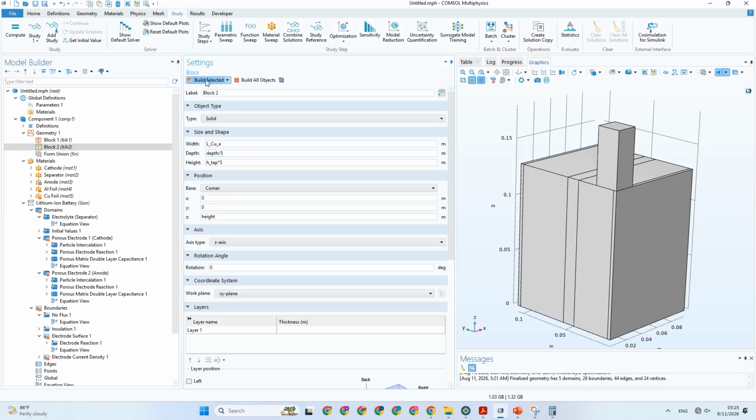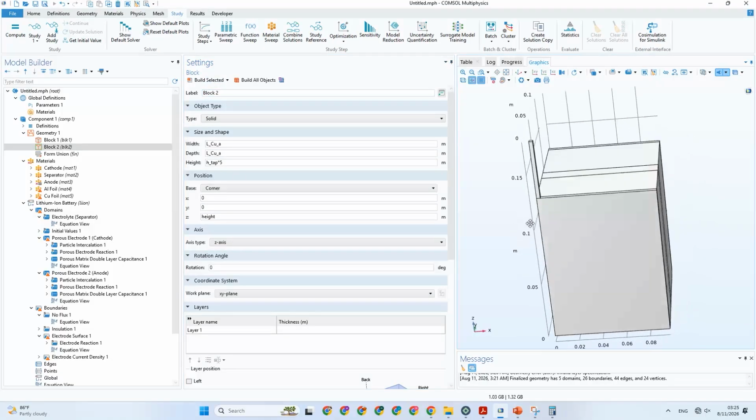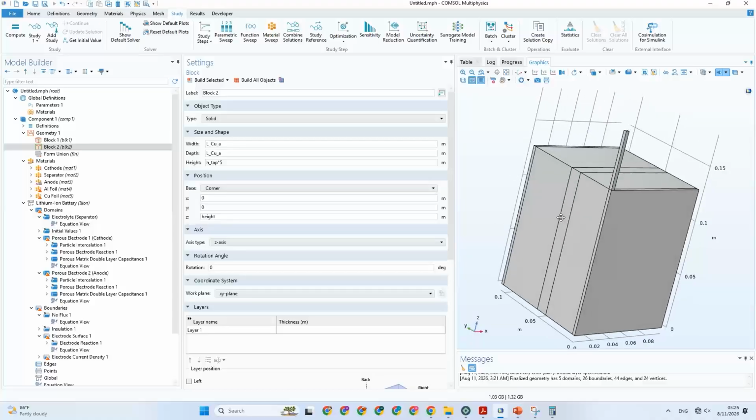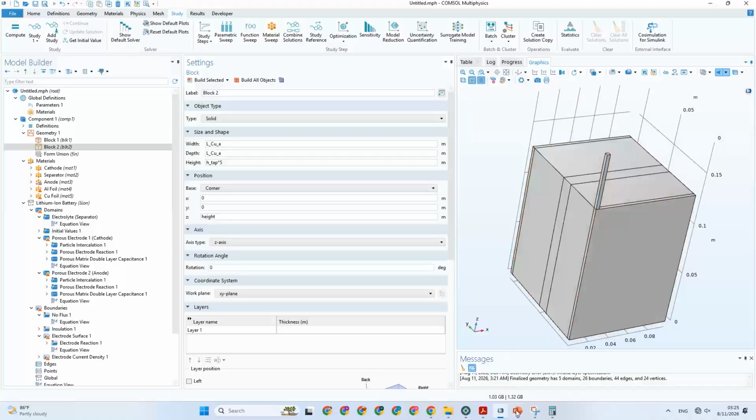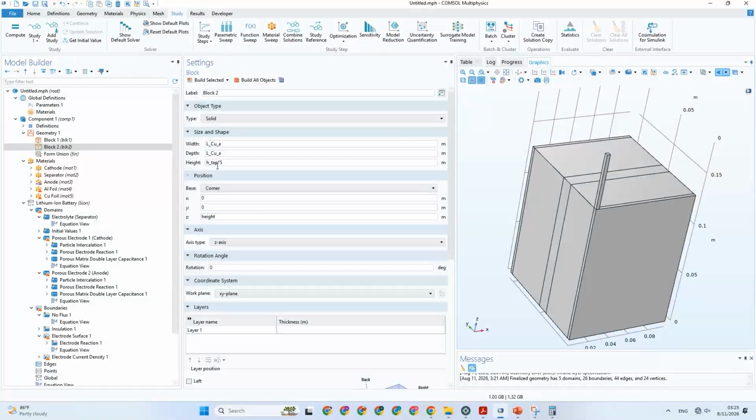Widths, no, excuse me, it must be depths, and it can be widths 5 times.